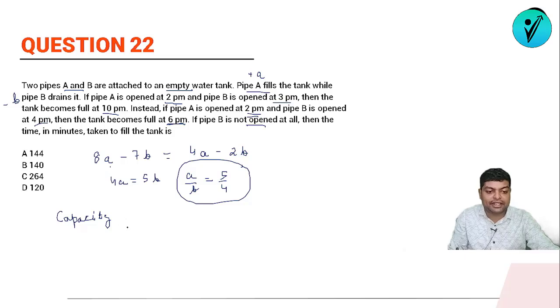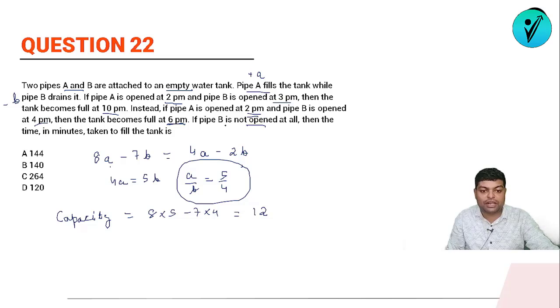So if I am placing it here, so it will be what? 8 into 5 minus 7 into 4. 40 minus 28, so it will be 12. So capacity of the tank is 12 units, and this 12 units is now to be filled by only pipe A because we are not opening pipe B. So time taken will be what?